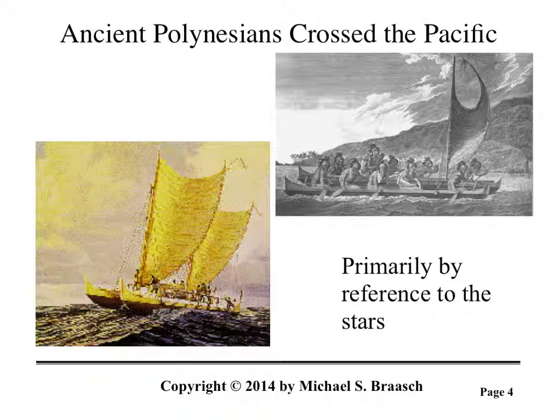Now, the ancient Polynesians were able to cross very large distances in the Pacific Ocean, and they could successfully arrive at some tiny island, hundreds or many hundreds of miles from their point of departure. And they could succeed in this very challenging navigation task primarily by reference to the stars.